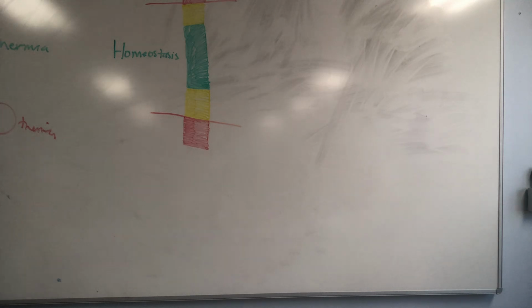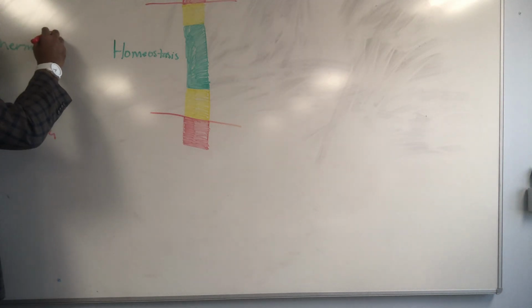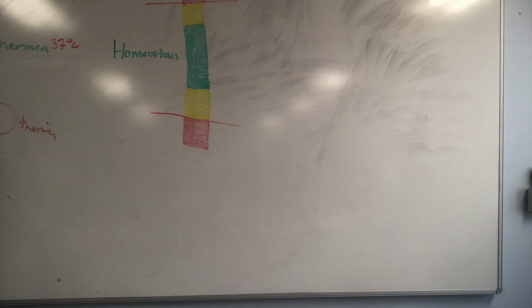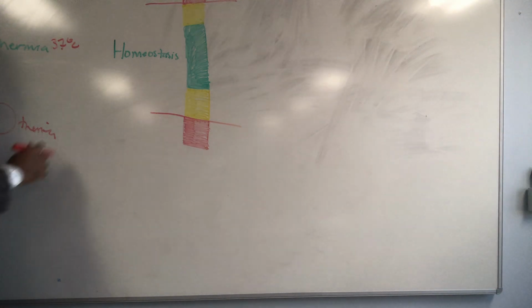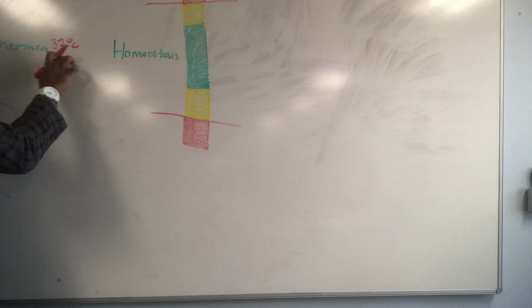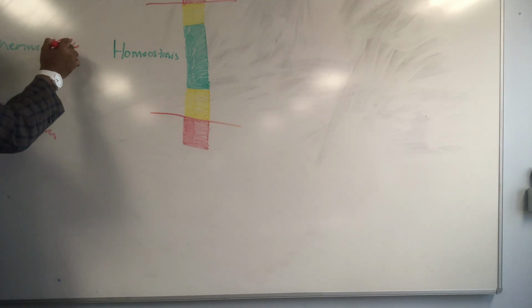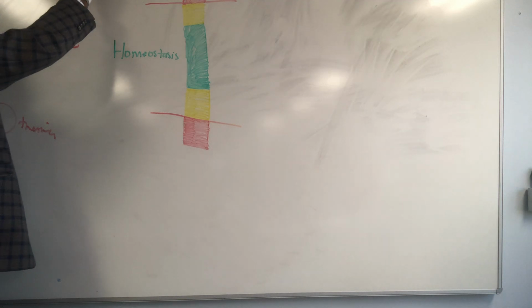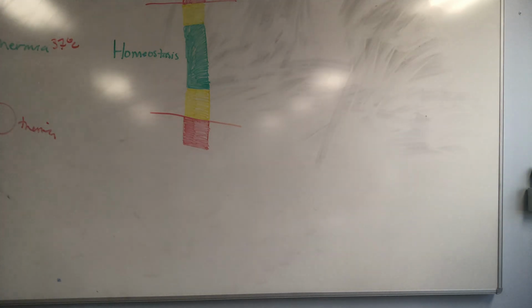So let's begin with the thermia. I already mentioned that one. When it's too hot, let's say we are at 37 degrees Celsius. That's healthy homeostasis. That's green. If this healthy 37 degrees Celsius goes up to 39 degrees Celsius, it's too hot.